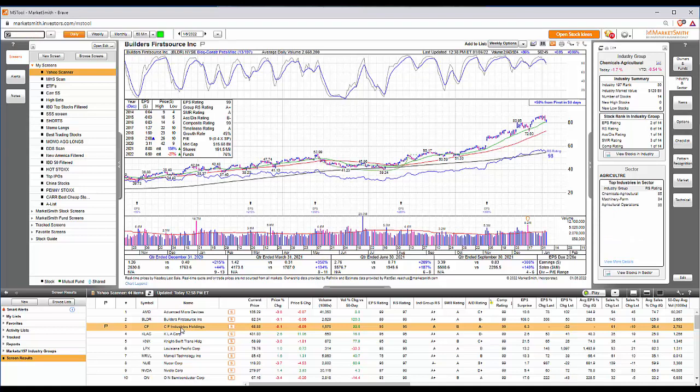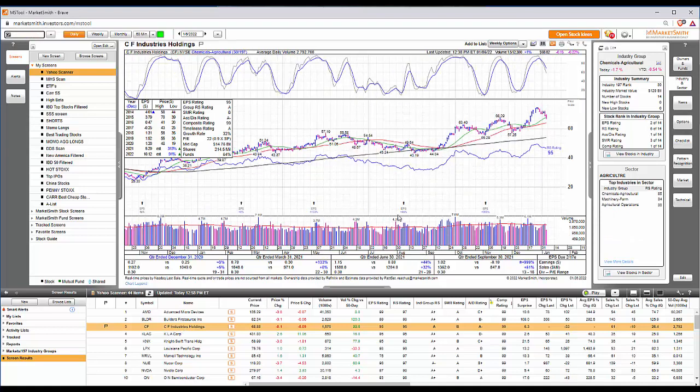CF Industries, which is a chemical play, and a lot of the chemical stocks have been doing very well this year. So this is not bad, right? All-time high way up here. Nice little pullback to the rising 20-period moving average with a reversal candle today. The fundamentals over here look perfect. These 2 triangles, by the way, I call that eye candy.